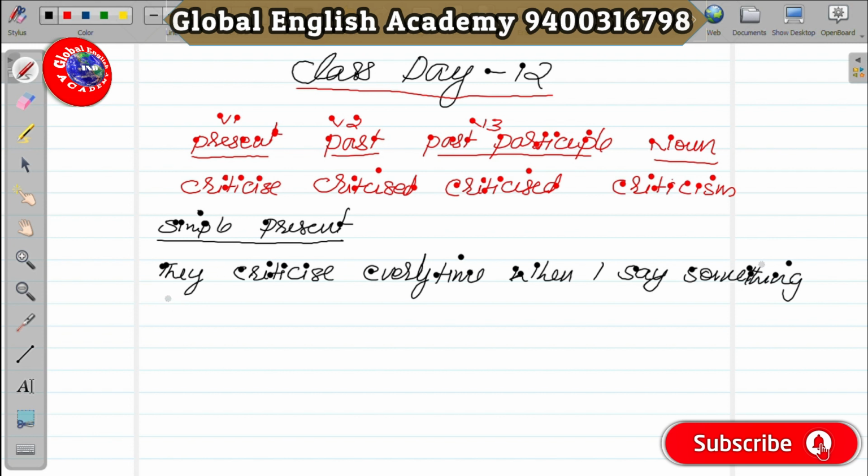This is simple present tense, because as I told you, simple present is something done regularly, or at a regular interval, like every alternate day, once in a week, once in a month, once in a year, once in 5 years, once in 10 years. This can also be said in simple present tense.